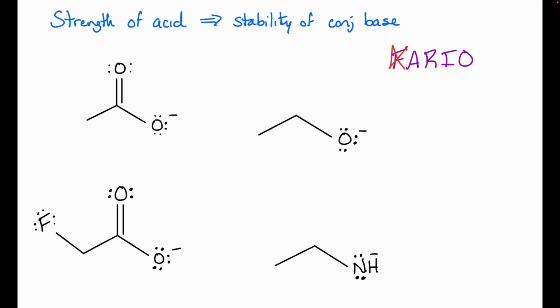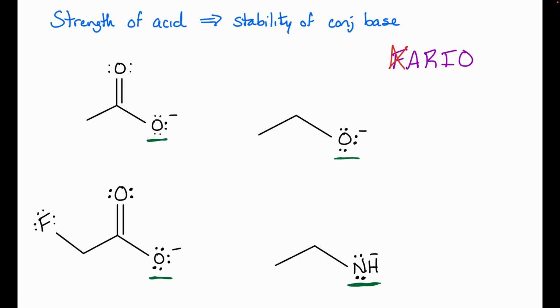What about atom? Is this going to help me distinguish between any of these here? So here we have our nitrogen versus these ones all have our oxygen. All right. So what are we comparing about these atoms that's going to tell us which one's more stable or less stable with this negative charge? Electronegativity. All right.